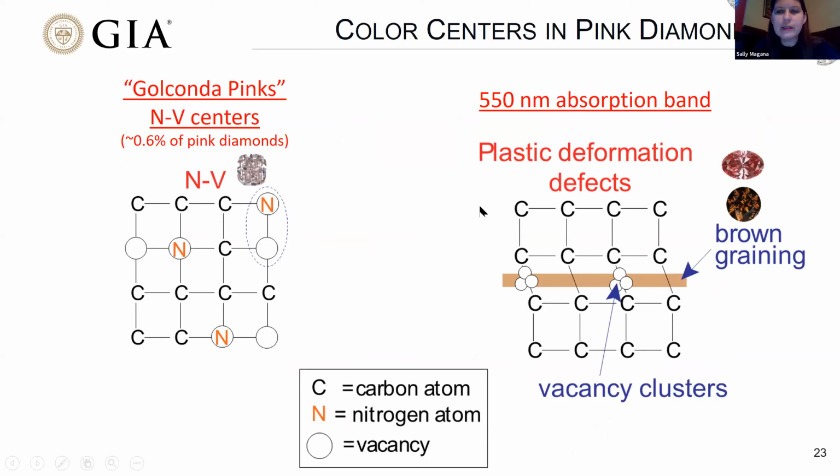But the vast majority of pink to red diamonds get their color from this 550 nanometer absorption band. And that is caused by plastic deformation defects, where geologic forces create this kink in the stone. And instead of getting one vacancy, we get a family of vacancies. And that creates this brown to pink to red color.